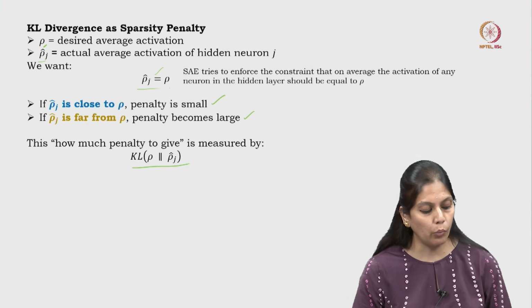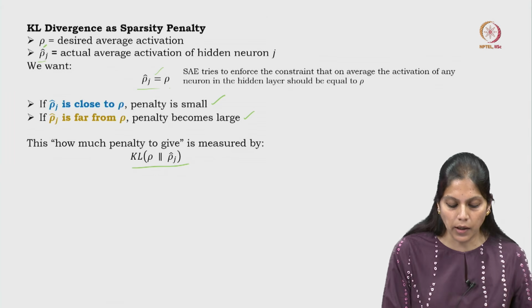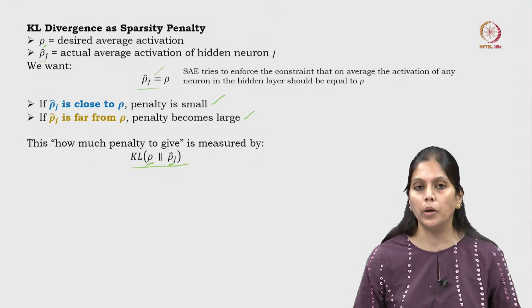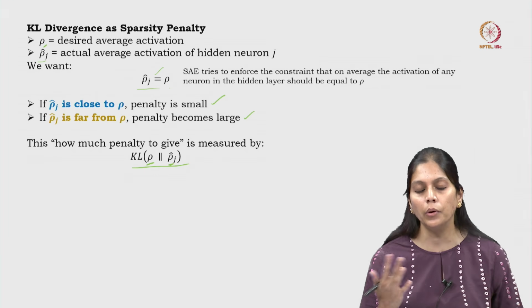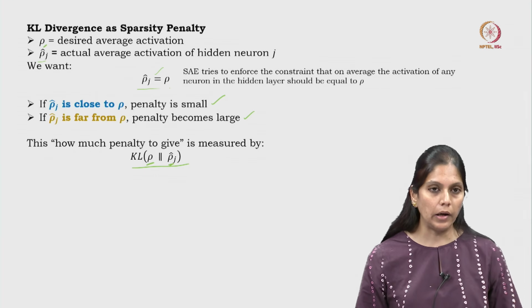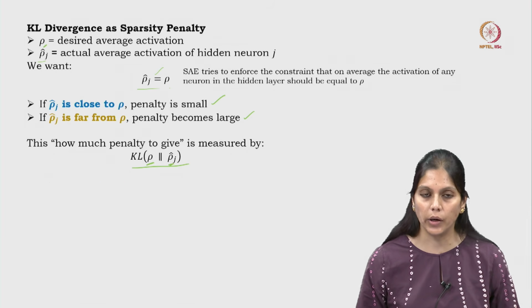KL divergence measures how much rho and rho hat differ. So KL divergence is used to decide how much penalty to give.